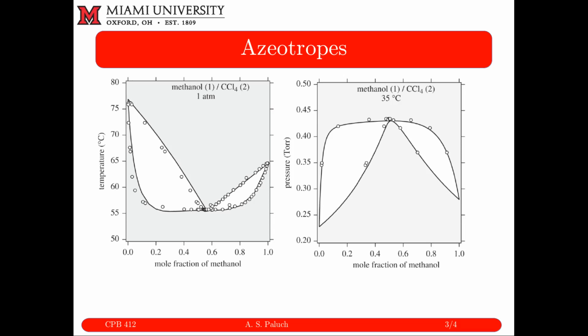And the last thing I'd like to point out is if I look at my bubble line for this system with a minimum boiling azeotrope, if I look at this region, I'll notice that my bubble line is flat. What this flat region of my bubble line indicates is that this is going to be a system that's partially miscible in the liquid region.